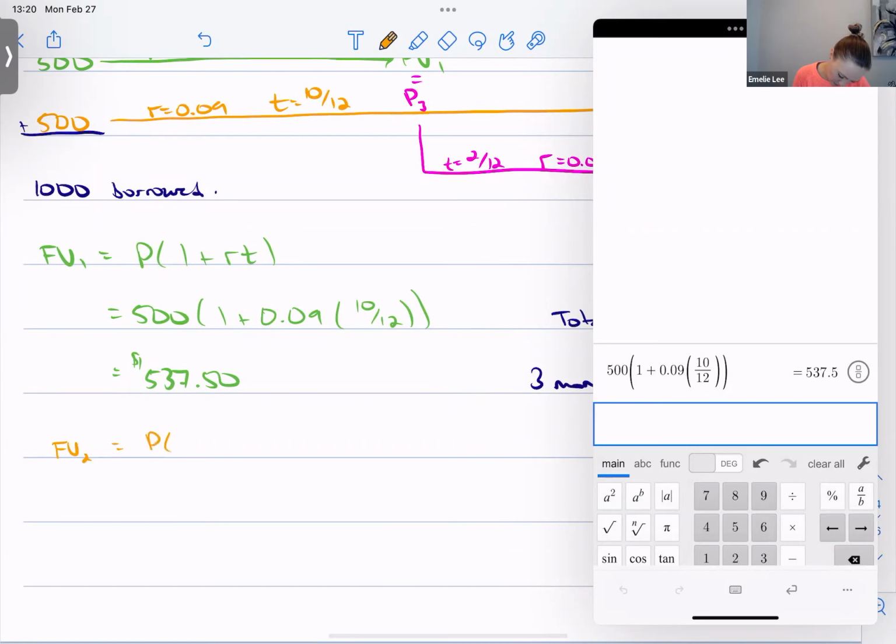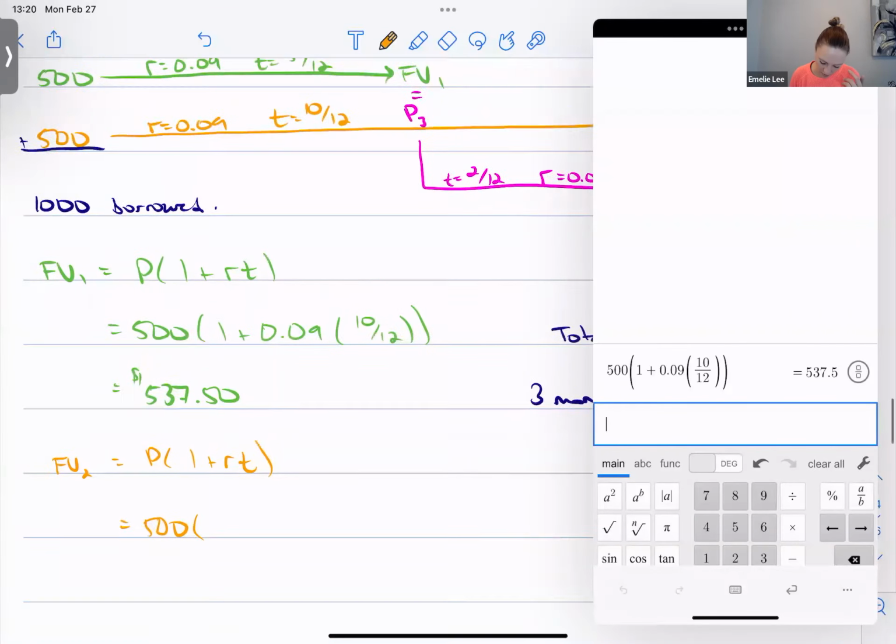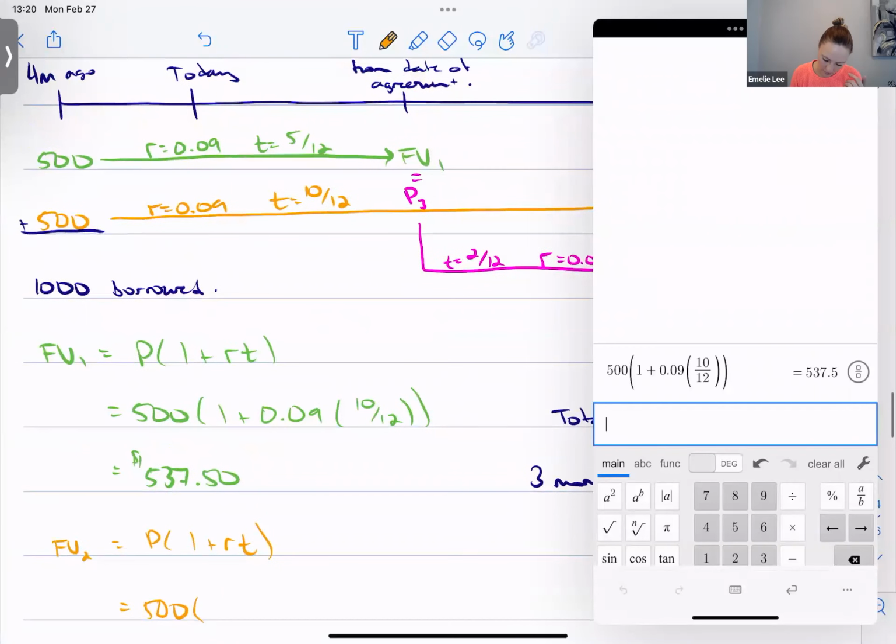Future value 2 is P times 1 plus R times T, which is, again, she borrowed $500, but now she borrowed it for 10 months instead of 5 months. Oh, whoops. I had a slip up. I already calculated that one. Okay, no, you know what?